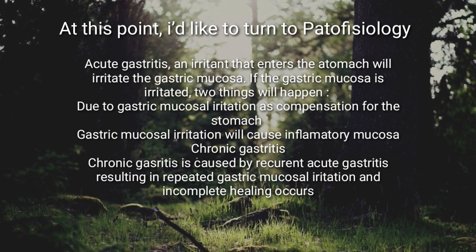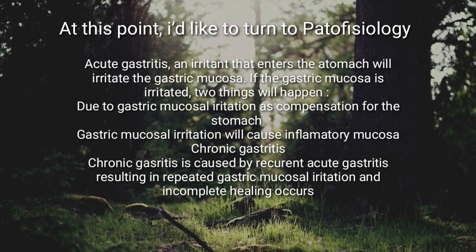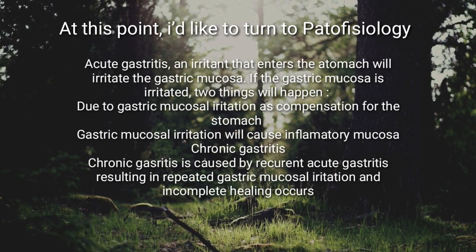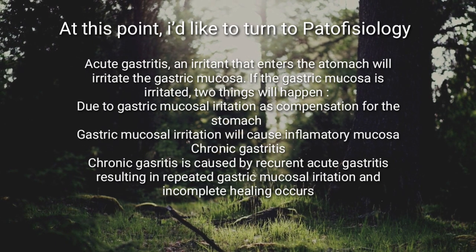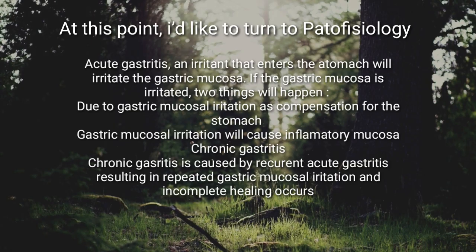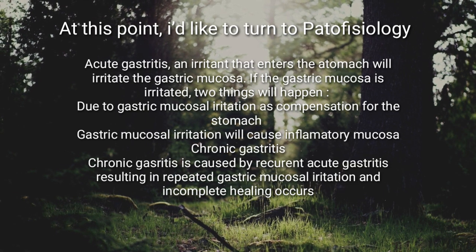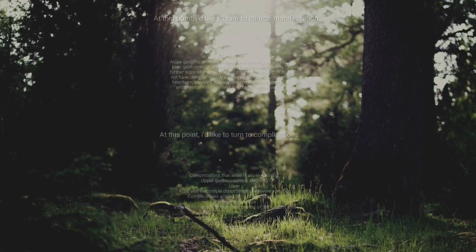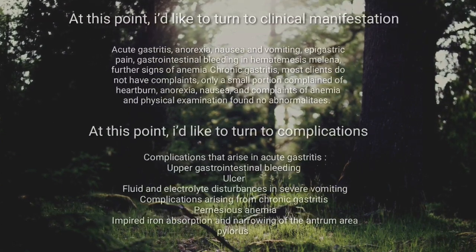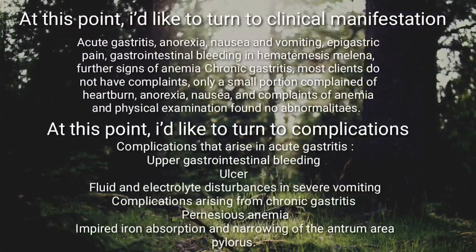Number 2. Chronic gastritis. Chronic gastritis is caused by recurrent acute gastritis, resulting in repeated gastric mucosal irritation and incomplete healing. At this point, I would like to turn to clinical manifestation.